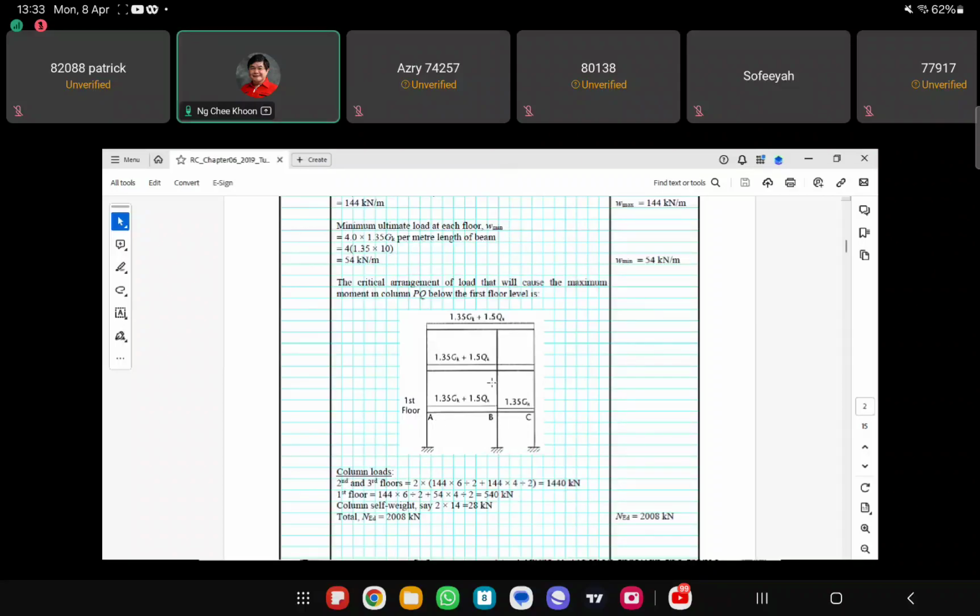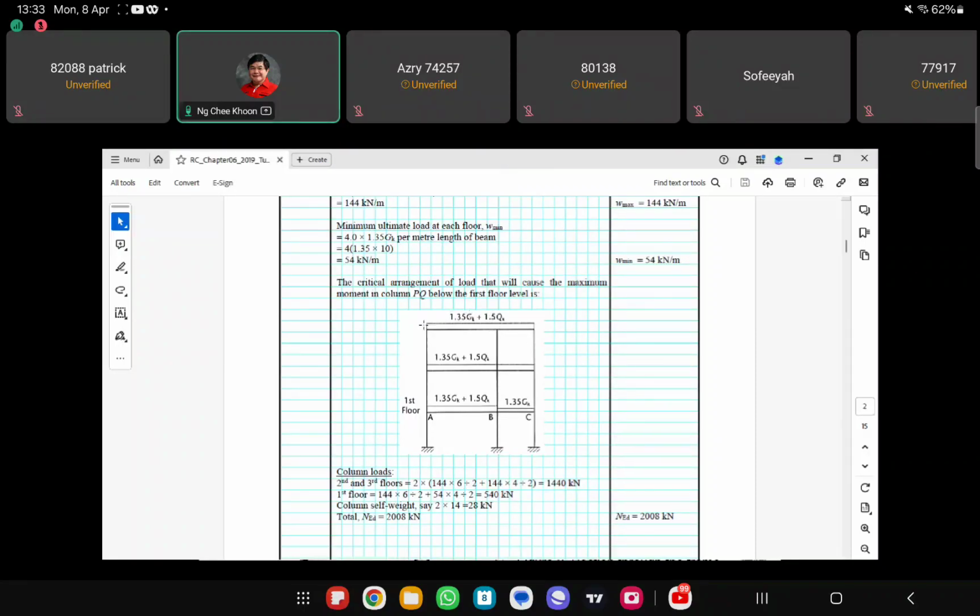So that's why you can see that this column load here will be the load transferred from this beam to this column, plus the load from this beam that is transferred over here. Okay, so let's look at how much load is transferred here. The load transferred here will be W max times 6 over 2, isn't it? 144 times 6 over 2.